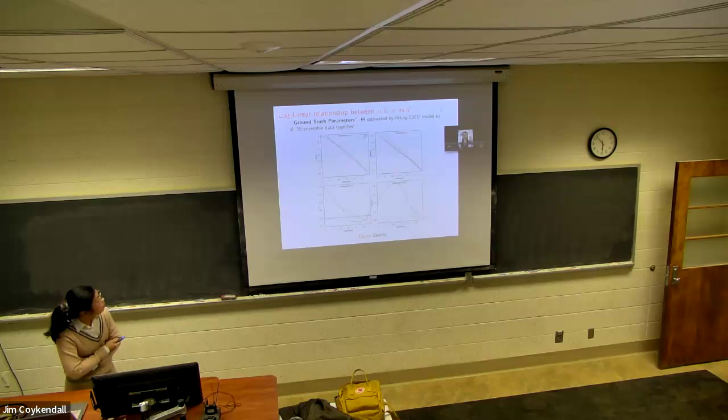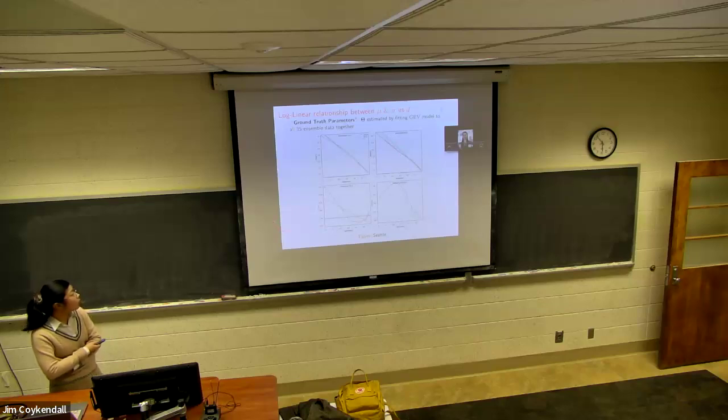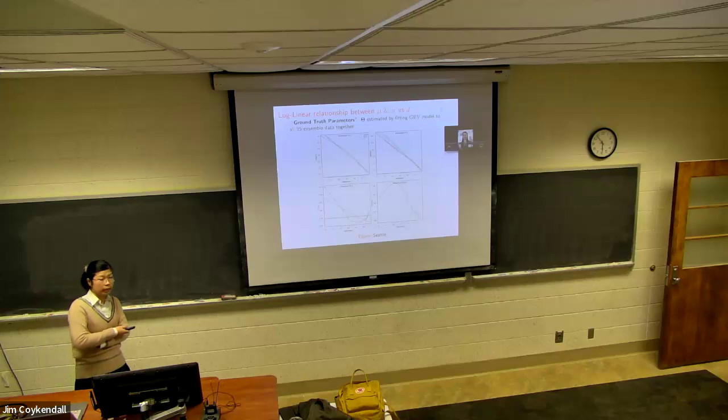Then for the scale parameter, it looks reasonable to assume a log linear relationship between the sigma and the duration. And for the shape parameter, which is the hardest one to estimate.